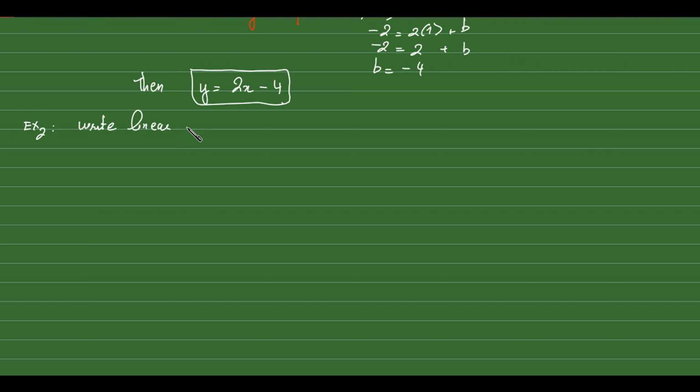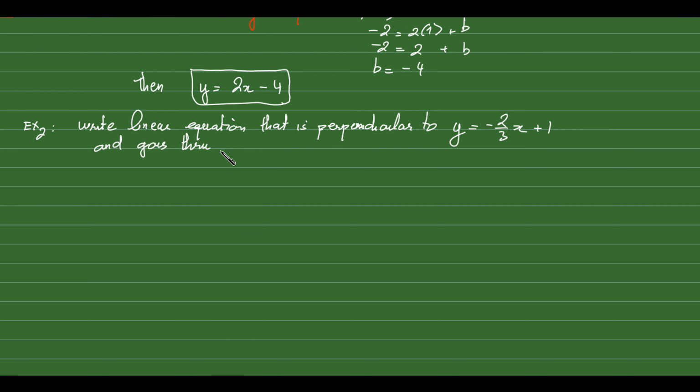Linear equation that is perpendicular to y equal to negative 2 over 3x plus 1, and goes through point, let's pick 3, 1 for example. Alright, so how are we gonna do this?